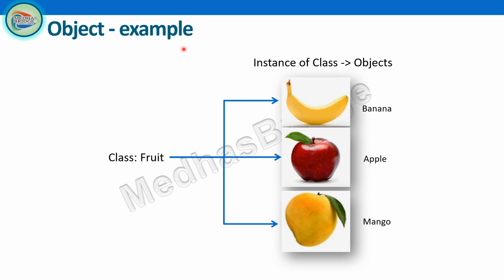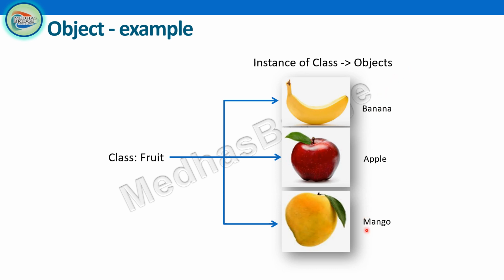Can you take a look at this example? Fruit is of type class. What we understood from the class concept is that a class is a template. It's something like a blueprint. With the help of a class, we can create instances of the class called objects, isn't it?